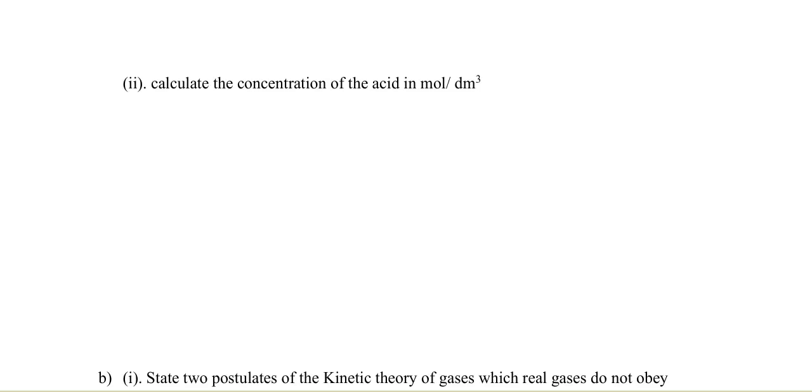The next question says, calculate the concentration of the acid in mol/dm³. In the question we were given the mass concentration of NaOH to be 4 g/dm³. We were also given the volume of the base, which is Vb, to be 20 cm³.